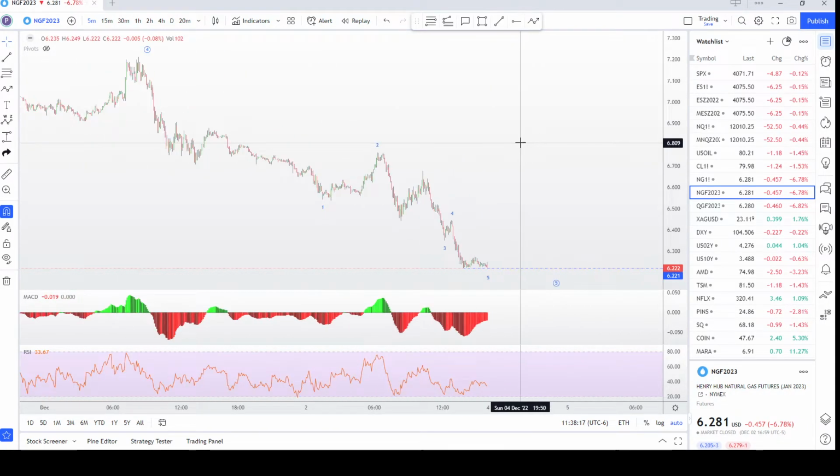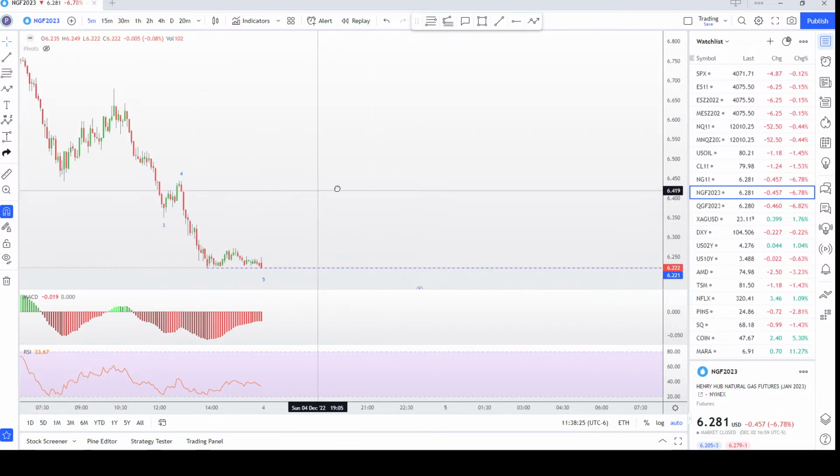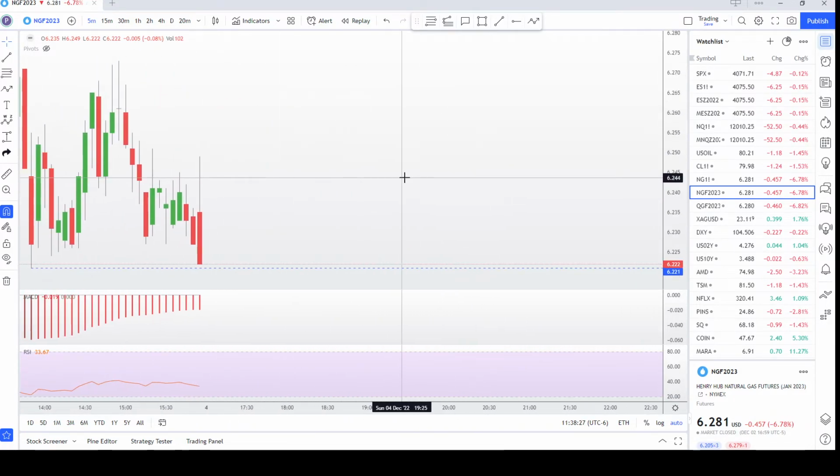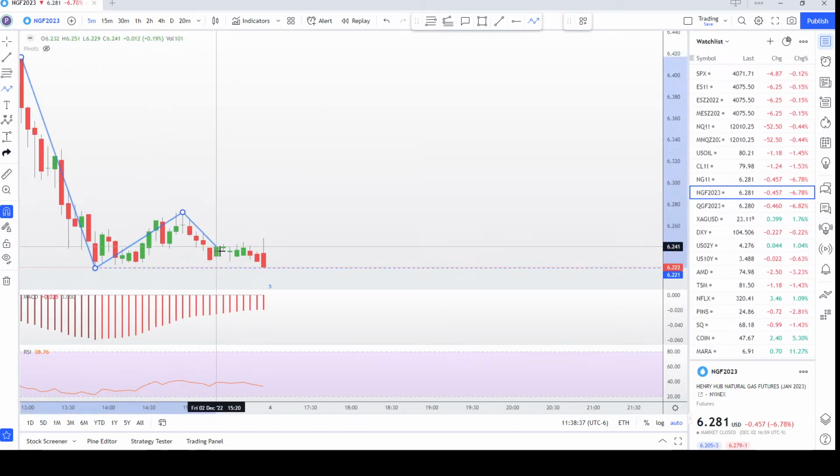So what I have here is I got 1, 2, here's 3, 4, and it's kind of interesting, but I have this final wave down for the fifth wave. It's 1, 2, and it needs to break this low for 3.